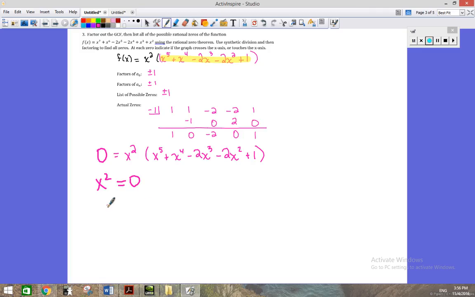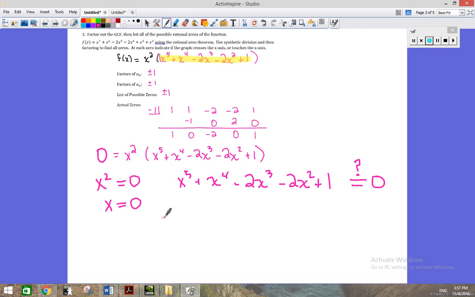If x squared equals 0, then x equals 0. But this x to the 5th plus x to the 4th minus 2x cubed minus 2x squared plus 1, I'm not sure if that would ever equal 0, at least not at first glance.